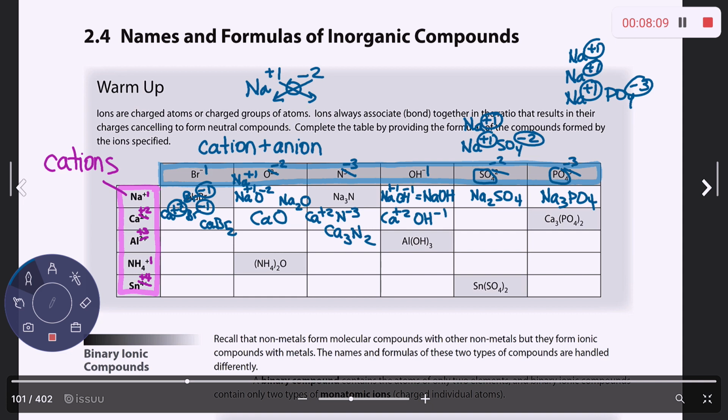How many hydroxides or OHs would I need? 2. Okay, now since I need 2 of these, anytime you're writing more than one polyatomic ion, so this is a polyatomic ion because it's a group of atoms with a charge, okay? You have to put it in parentheses. So this would actually be Ca, in parentheses OH, and then you would put the 2 on the outside.